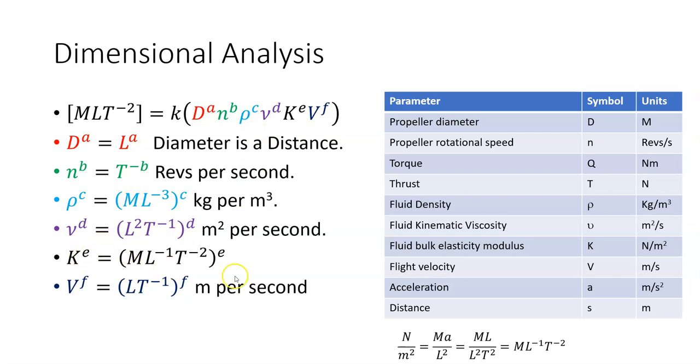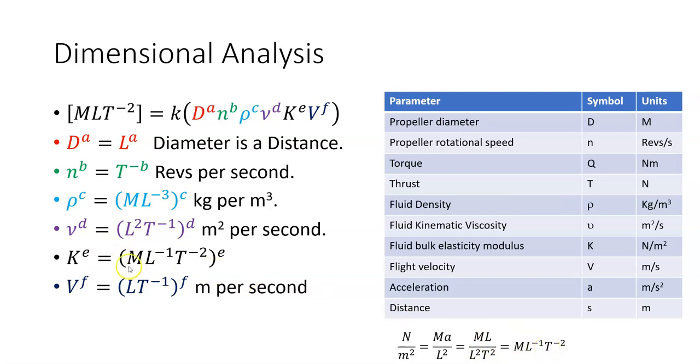And the bulk modulus was newtons per meter squared, so I've done that down here. Newtons is mass by acceleration. Meter squared is just length squared. Acceleration is distance per second squared, so that's length L per second squared, t squared. The L will cancel, so I get m, L to the minus 1 and t to the minus 2.